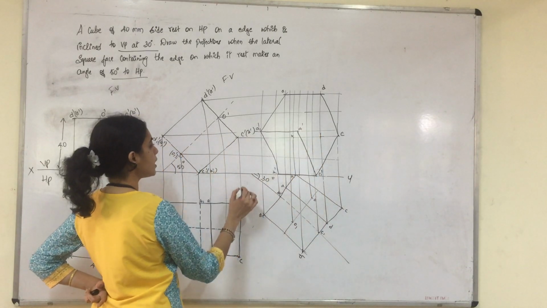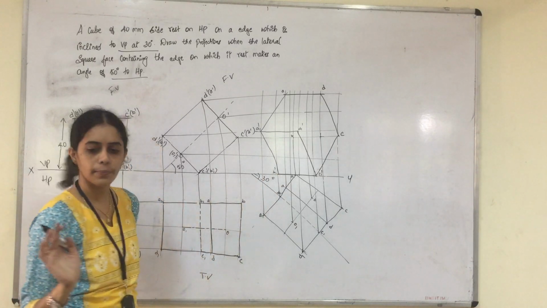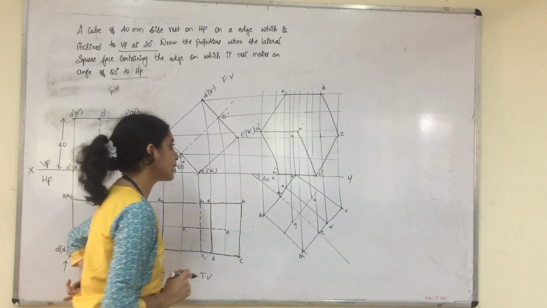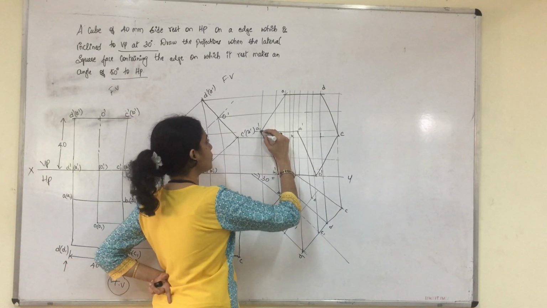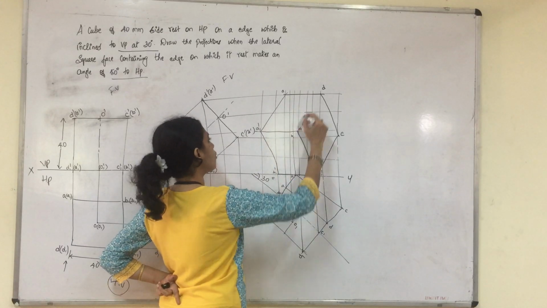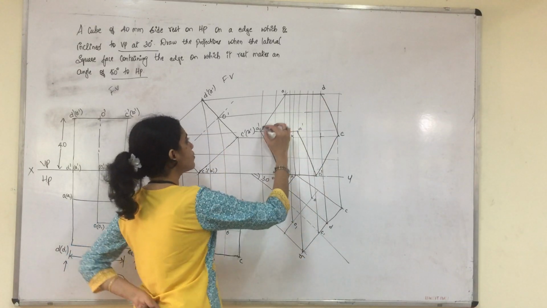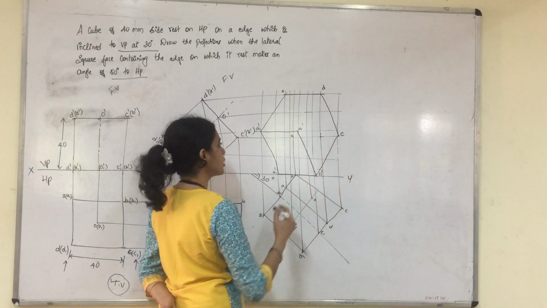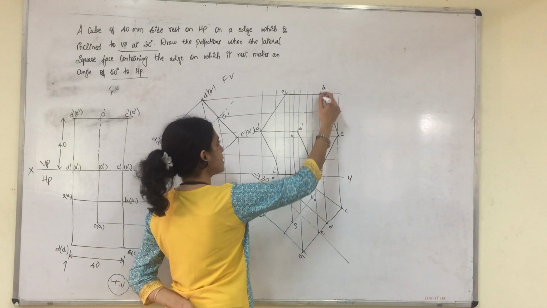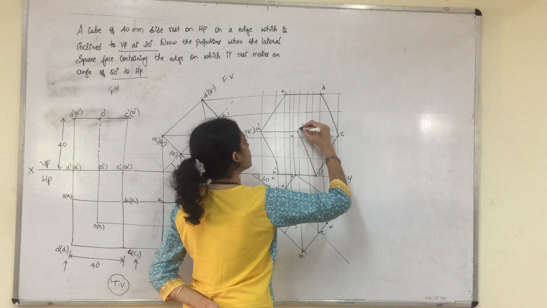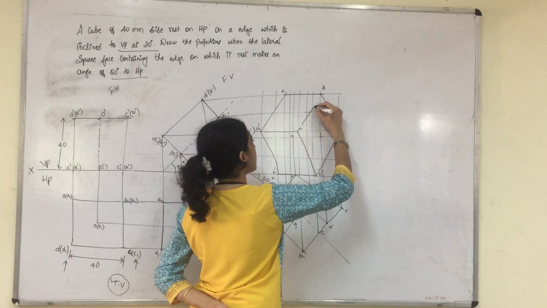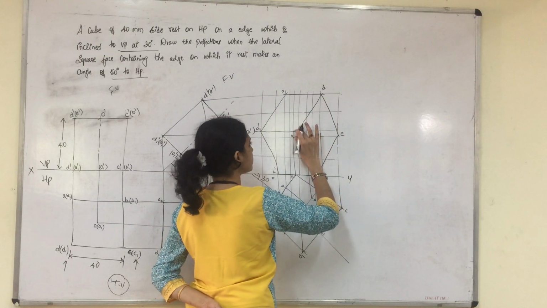So the bottom surface when the observer views from here will be visible. So that we have darkened. And I told you that the projection coming through the corner of the outer surface will be visible. So this we have joined, and this also we have joined. So we have one more corner which is passing through the outer surface. So this will be a continuous thick line. So join this.